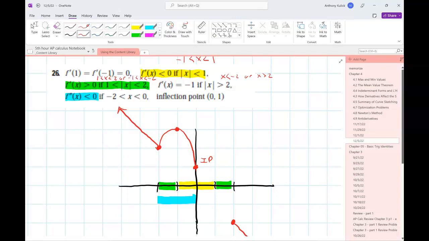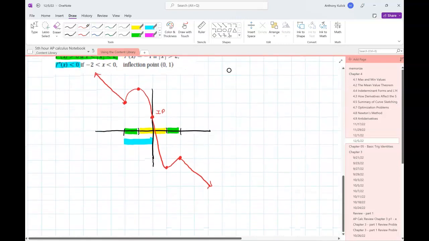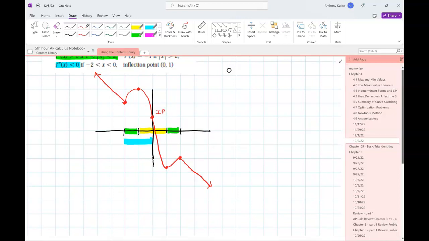And then we'll switch to concave up. And at negative or positive 1, I'll hit minimum, and then we'll finish. So it looks something kind of like that. I think it hits all my criteria.